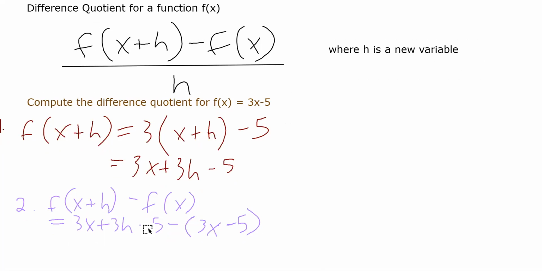So take the f of x plus h function, subtract the original f of x function of 3x minus 5. Well, this then suggests we distribute the subtraction. Minus 3x plus 5.